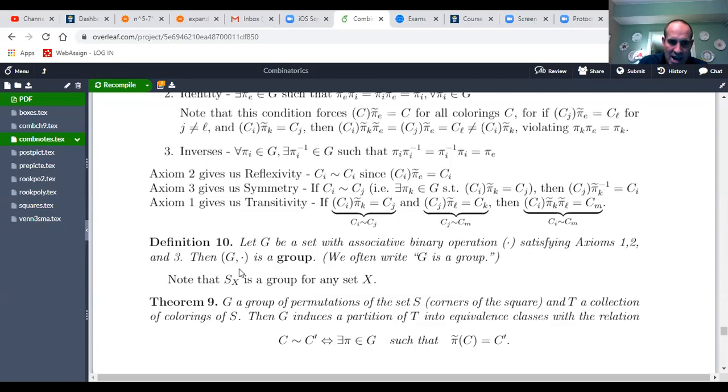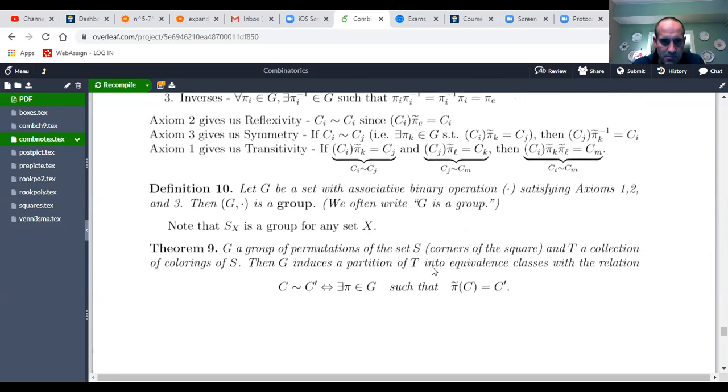But this is called an abstract group, okay? The set of permutations under composition is also a group, okay? We have an identity, we have closure, if I compose two permutations, I get a permutation. And we have inverses. It's easy enough to think of something that's going to undo what something did, okay?